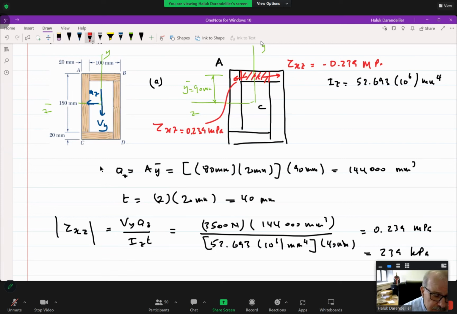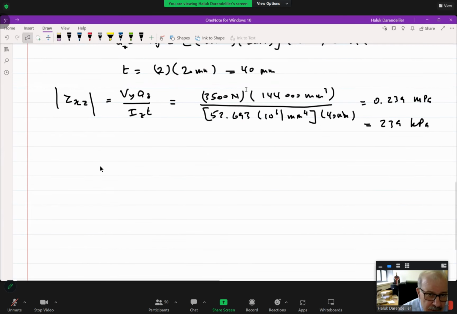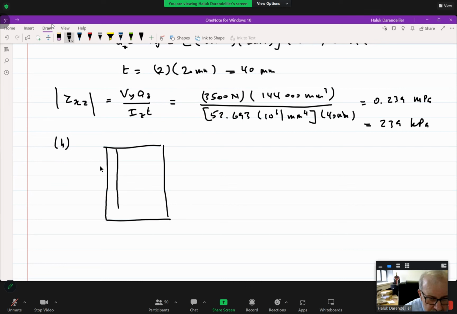Do you have questions? I'm moving right on to the second part. In the second part of the problem, I am using the same box. Look, this one. Like this.